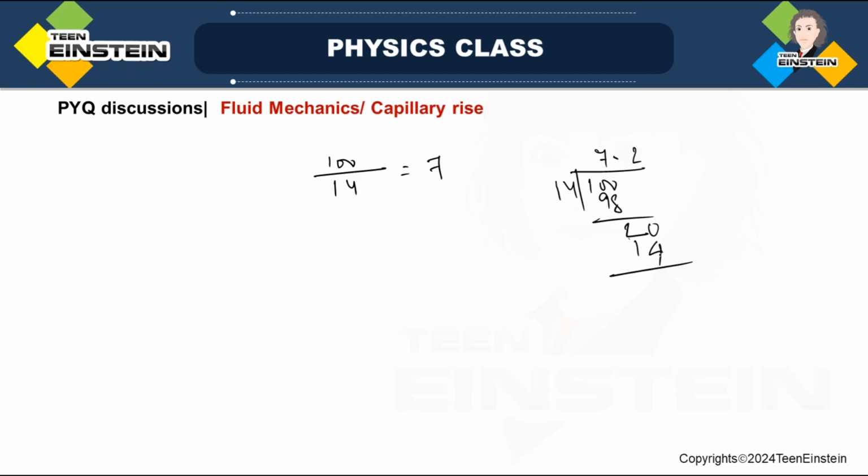So this will give you 6, so it is going to be up to second decimal 7.24.